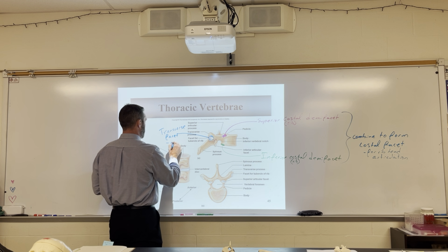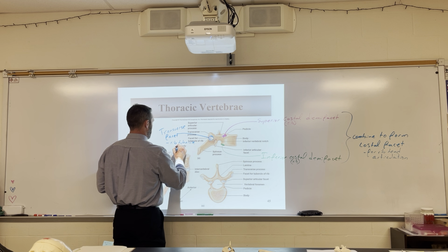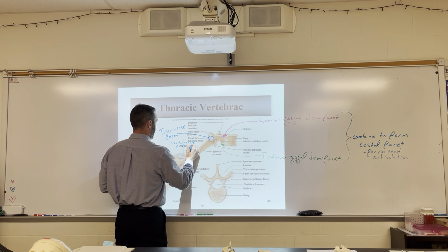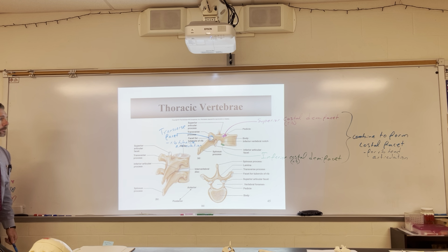Okay, and we'll just put rib tubercle articulation. That's what happens there. So, thoracic vertebrae have all the same structures as a lumbar vertebra, except you have to add superior and inferior costal demifacets for the rib head, and you have to add the transverse facet for the rib tubercle, all for rib articulation. Okay. Then we'll move on to the ribs.